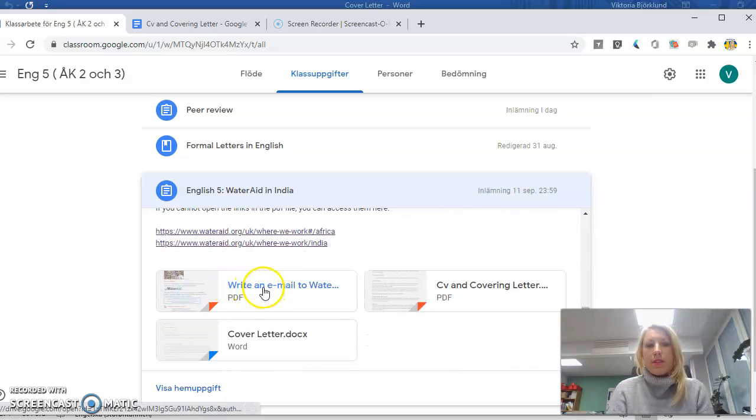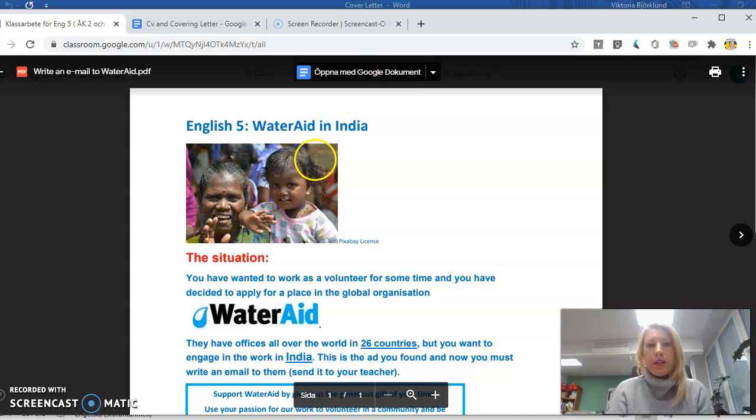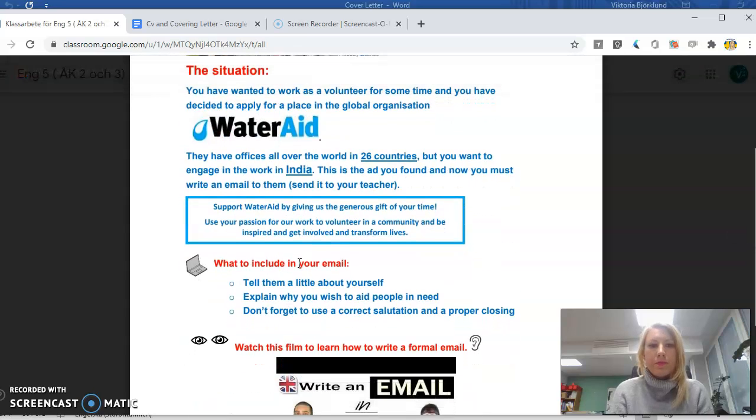So then you click here. Here you can see the task, WaterAid in India. You can see here that they are looking for a volunteer. It says here, use your passion for our work to volunteer in a community and be inspired and get involved and transform lives.